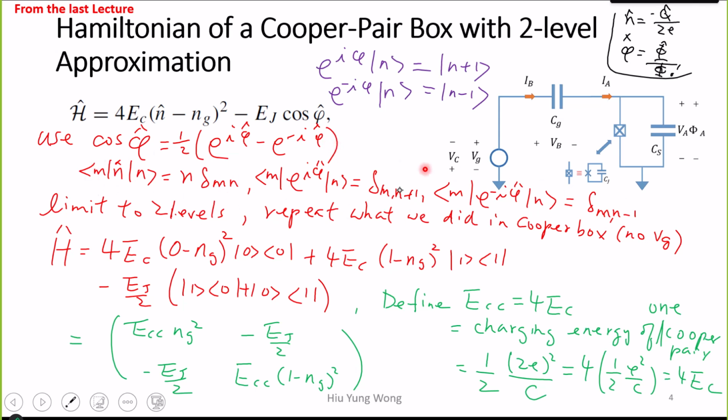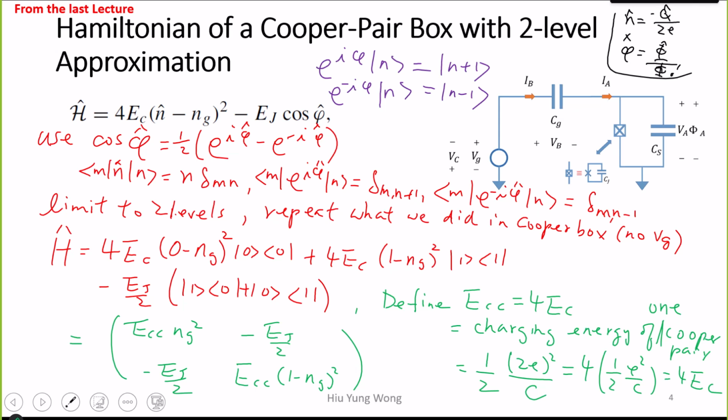These are what we learned earlier when we quantized the Cooper pair box without the coupling capacitor. Do you remember this? This term needs m equal to n, this one needs m equal to n plus 1, and this one needs m equal to n minus 1 in order to be non-zero. We limit to two levels, so this becomes a 2 by 2 matrix.